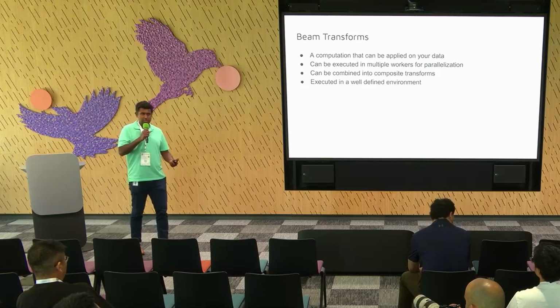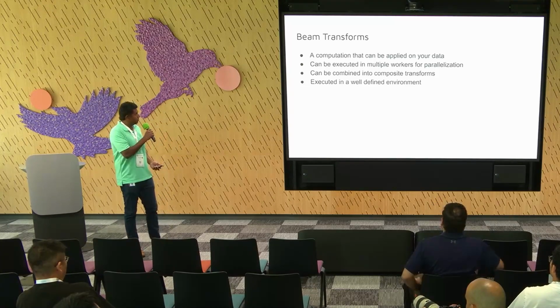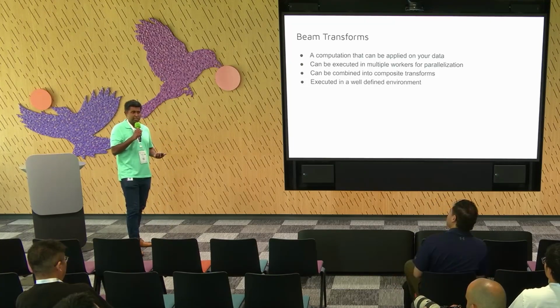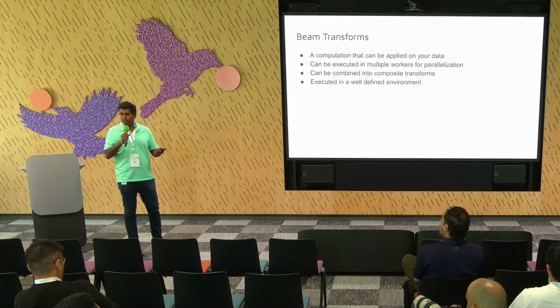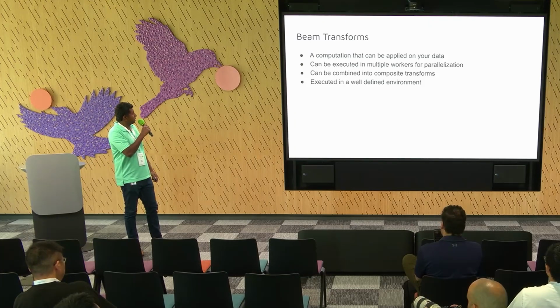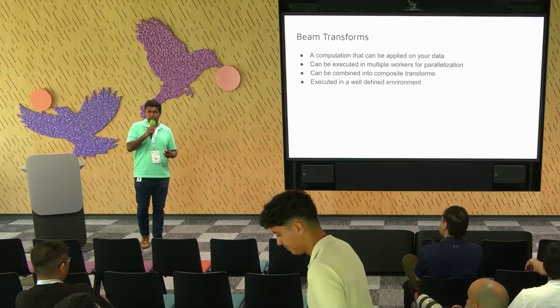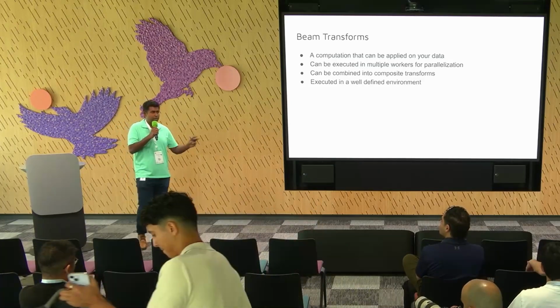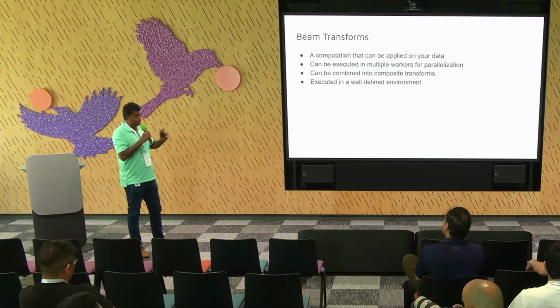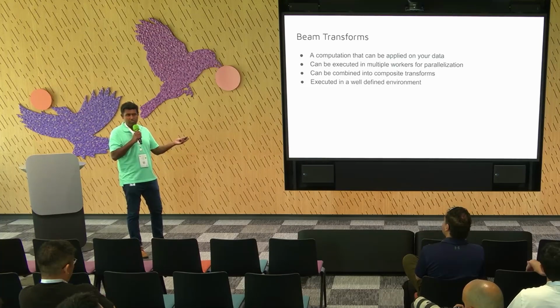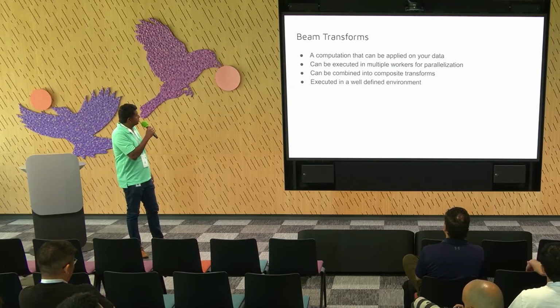All right, so let's first talk about what Beam transforms are. Beam transforms are computation units that you can apply on your data, and these can be applied in parallel. Beam runners are very good at taking these transforms and running them in parallel on your input data, which is in the form of Beam PCollections, across, say, thousands of nodes.